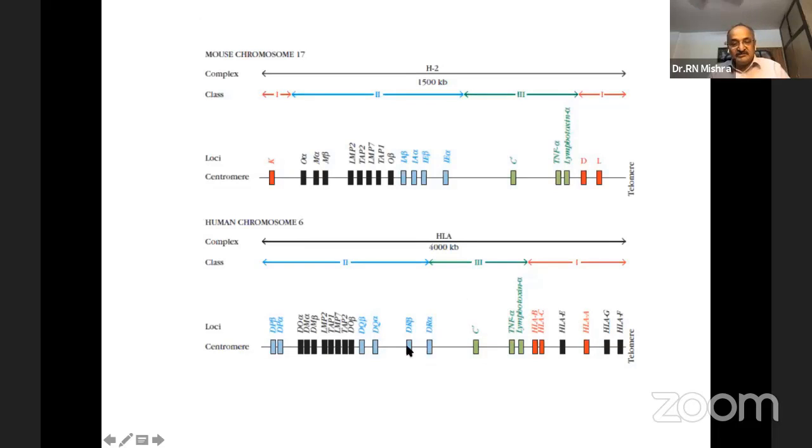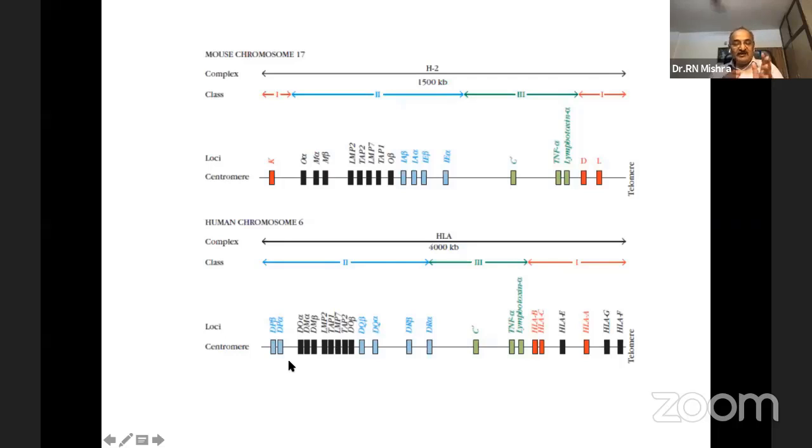This is the organization in the human chromosome 6 of the class 1 and class 2 genes. And you can see HLA-G, HLA-A, HLA-E, and in between class 1 and 2 are the loci for TNF and lymphotoxin alpha. And then we have DR alpha, DR beta, DQ alpha, DQ beta.